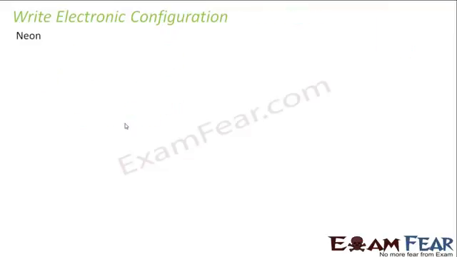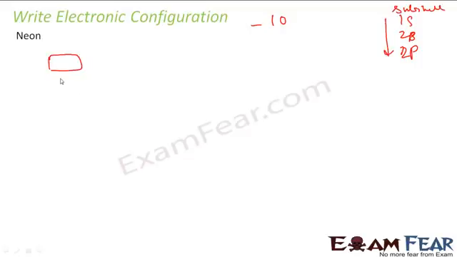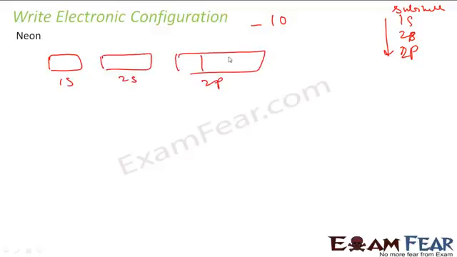Let's take neon now. Neon has 10 electrons. Correct? Atomic number is 10. So again I have 1s, 2s, and 2p in the increasing order of subshells. So let's draw 1s. Let's draw 2s subshell, and let's draw 2p subshell. 2p subshell will have 3 orbitals, so I drew 3 orbitals.